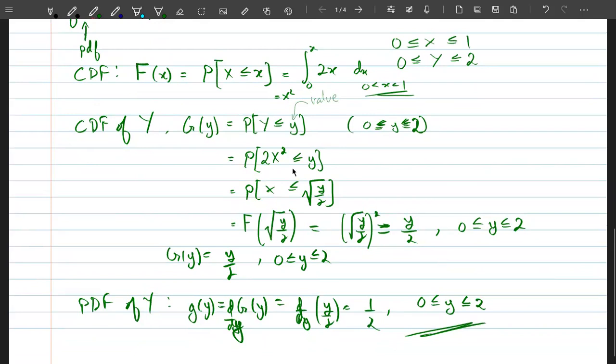But if you observe this carefully, this procedure we have carried out can most probably be generalized, because all we're doing is first rewriting the given event, Y less than or equal to y, in terms of X, and that gets converted to some evaluation of the CDF of X, and then we differentiate that CDF to get the PDF.